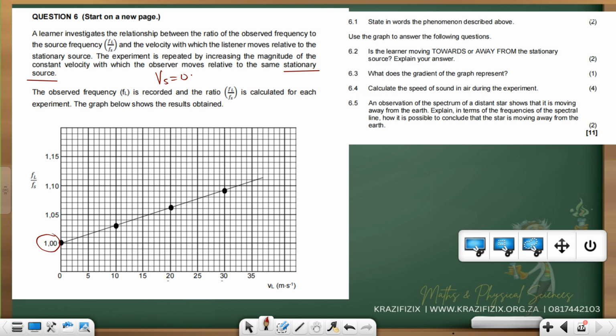Question 1. State in words the phenomenon described above. When they say state in words, they didn't say name. State, which means you define what? Doppler. Use the graph to answer the following questions. Is the learner moving towards or away? Please, if you are not sure, it's 2 marks.